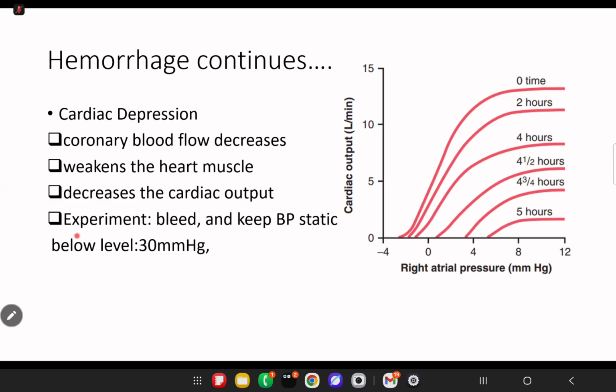When you go to cardiac depression, it's basically because your coronary blood flow has decreased and your cardiac heart muscle starts becoming ischemic. Your ischemic heart now starts to contract poorly, and therefore it will reduce your cardiac output.